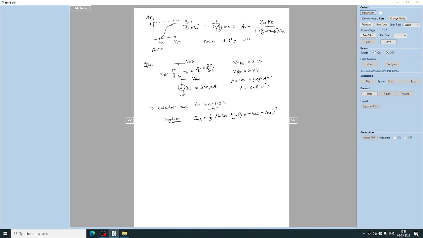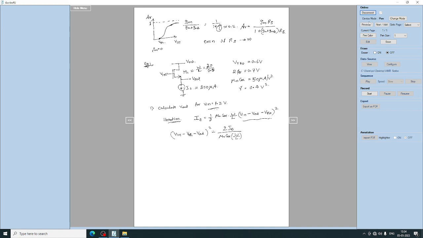We can predict the output voltage by taking this term to the other side: (V in minus Vth minus V out) whole square is equal to 2ID divided by mu n COX W by L.